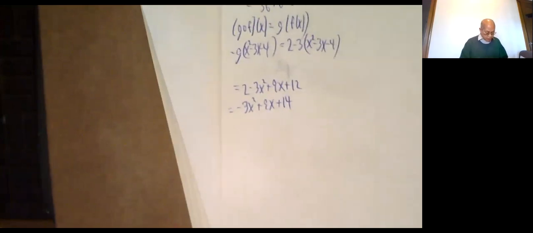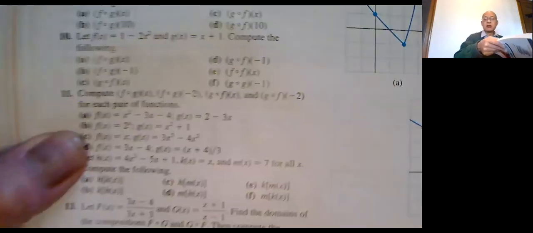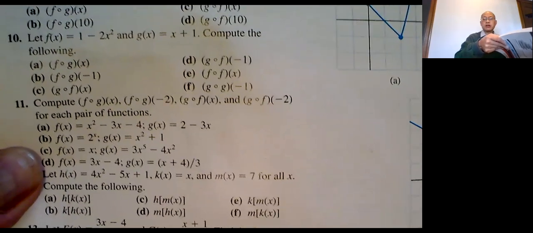Then they tell me to plug in something. Once again, for number 11, they want g circle f of negative 2. Plug in negative 2 right there and right there. So negative 3 times negative 2 squared plus 9 times negative 2 plus 14.